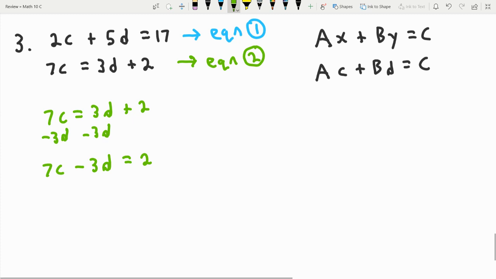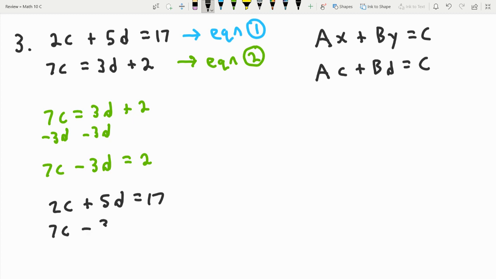Okay, so now let's rewrite our equation 1 and 2 together next to each other and see if we can add and subtract them together to cancel out one of our variables. So if I write them together, I would have 2C plus 5D equals 17, and 7C minus 3D equals 2.